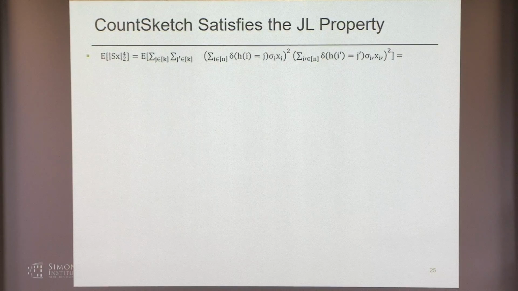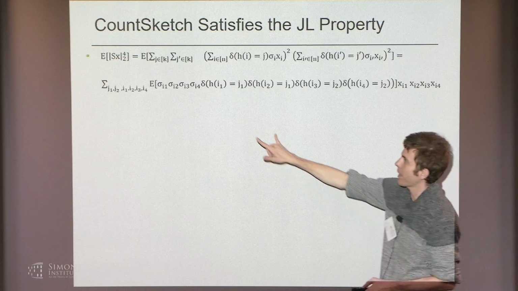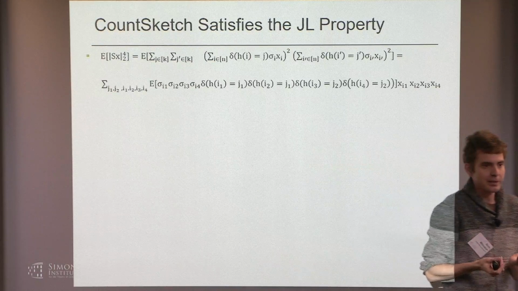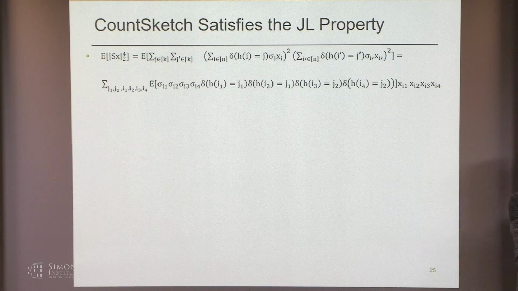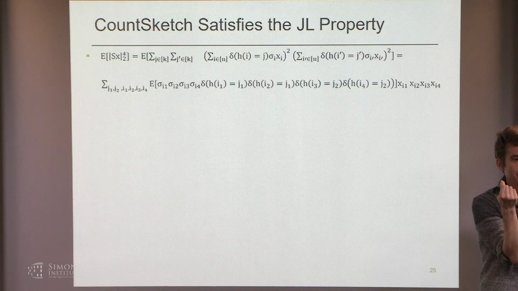And really all this is a second moment calculation. You can write out the whole thing. I don't expect you to parse this on the fly, but what it comes down to is you again have these random signs inside of each of the expectations. And if you remember, for the expectation calculation, we said that if I look at sigma I1 times sigma I2, and I1 is not equal to I2, then that expectation is 0.